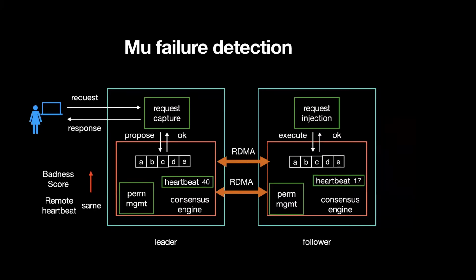However, if the heartbeat changes, it decrements the score. According to a given threshold which is set on these servers, the server is able to detect if the other node has failed.